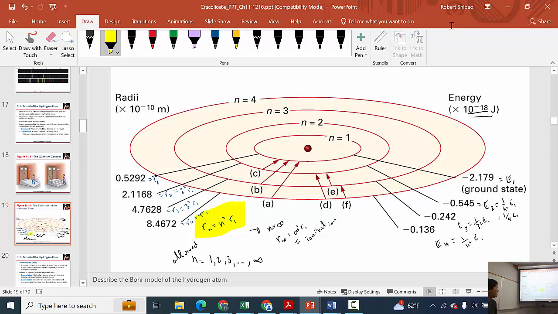So we get these equations that can describe this, and then we can make predictions with these. And so let's take a look.